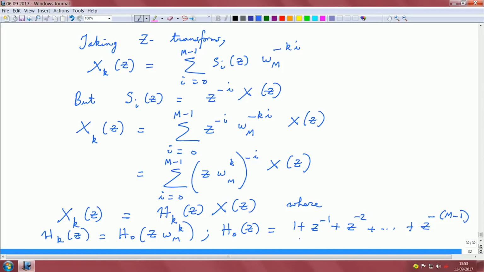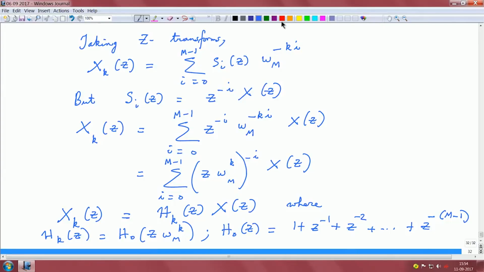And why do we need to bring this H naught? This is like our base filter, or our mother filter, or our low pass filter here, right. We got our intuition with a 2 by 2 matrix. We started off with 1 plus Z power minus 1, and if we extend this for an m point, we get Z power minus 1, Z power minus 2 and so on and so forth. So we have this as our mother filter.